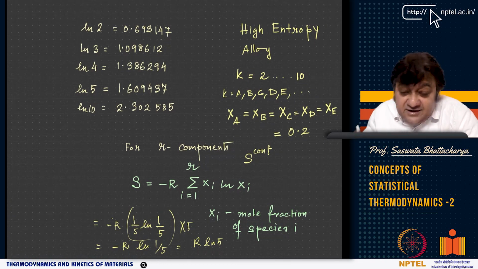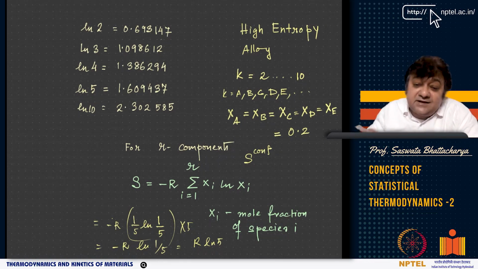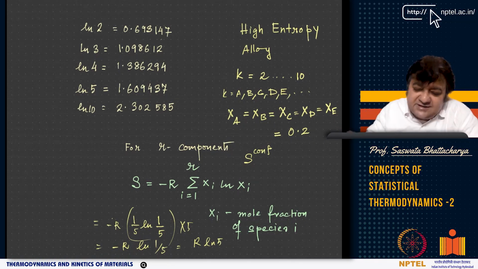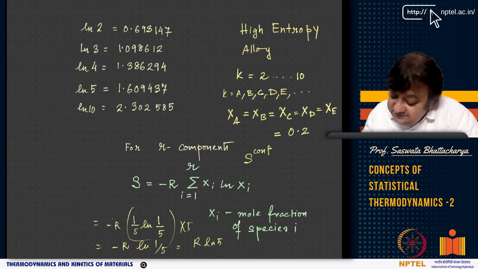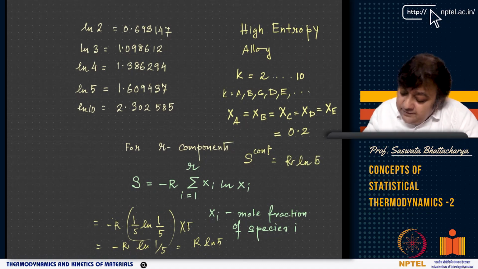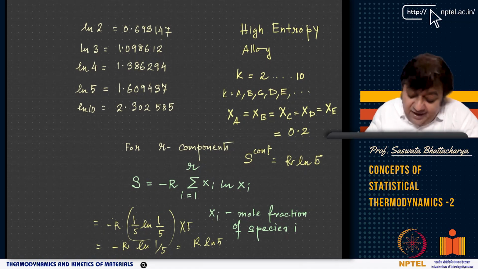So this is the configurational entropy, determined by the macrostate corresponding to the maximum number of microstates, and then we use Boltzmann's hypothesis. What I get is S conf equal to R ln 5. Now you see, when I have 5 elements, I get R ln 5, right?